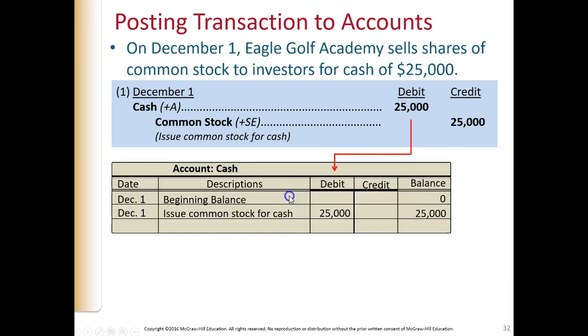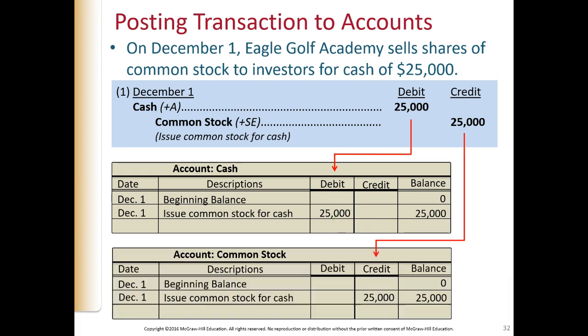We take this entry and post it to the cash account just like this. This is the account just for cash, nothing else. So we're going to increase the cash with the debit in this T account format called a general ledger account. This is a journal, this is a ledger. And you'll have a separate ledger account for every account that we've dealt with.